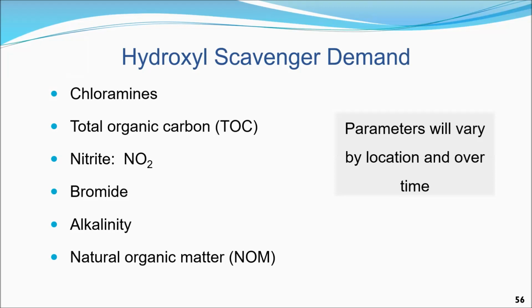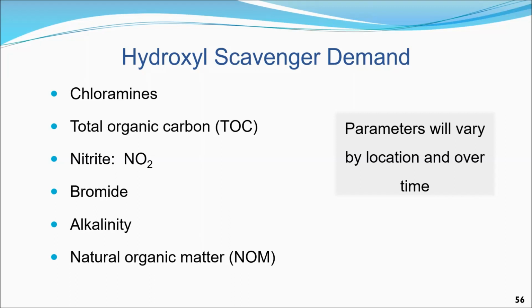Now, there's certain water quality parameters that impact the amount of scavenging. So there's this new term you may not be aware of, hydroxyl scavenger demand. Sort of like oxygen demand, but this is hydroxyl scavenger. And these are things that could affect the effectiveness. So instead of the hydroxyl radicals reacting with the chemical you're trying to degrade, they'll be absorbed by these other parameters.